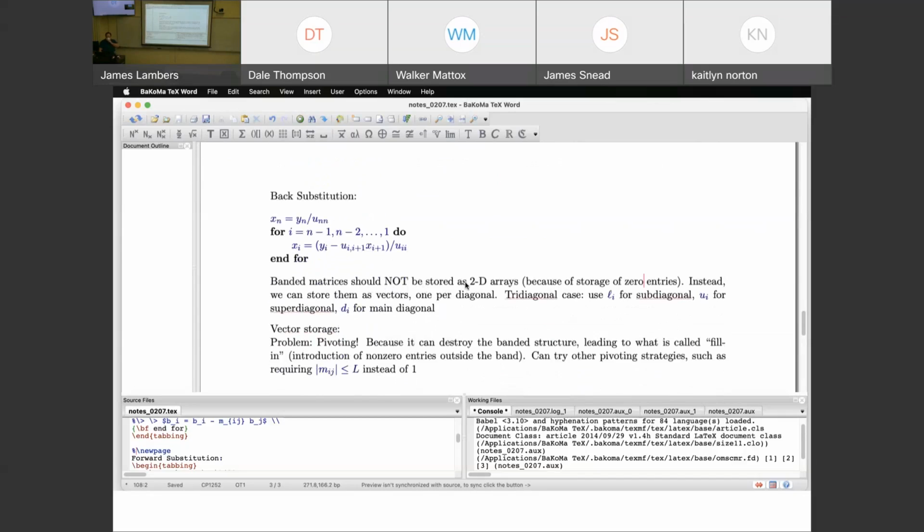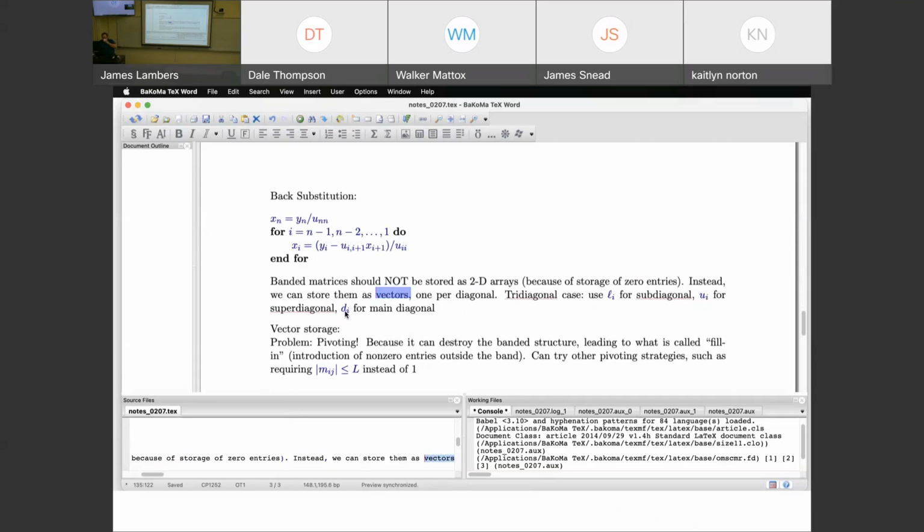You avoid storing zero entries by representing a matrix using vectors, one vector for each diagonal. So you'll have an n-vector for the main diagonal, and then a vector of length n minus 1 for the first sub or super diagonal, n minus 2 for the next sub and super diagonal, and so on. For the tridiagonal case, I'll use a vector L for the subdiagonal, U for the superdiagonal, and D for the main diagonal.